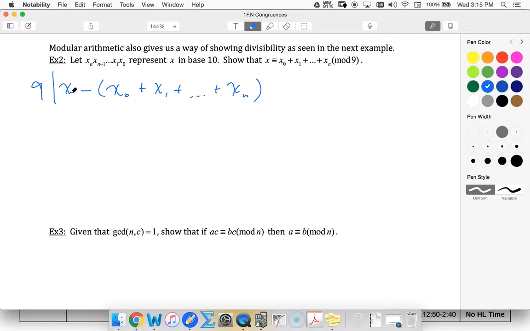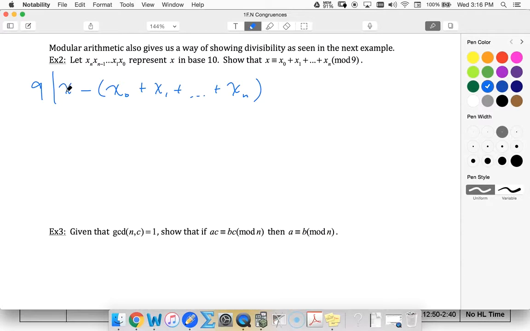So we can rewrite x since it's a number in base 10, and this was written as a hint for us. So if we're going to write x in base 10, I know that x is going to be equivalent to 10 to the n times x sub n.